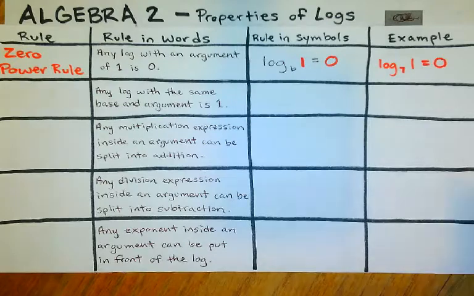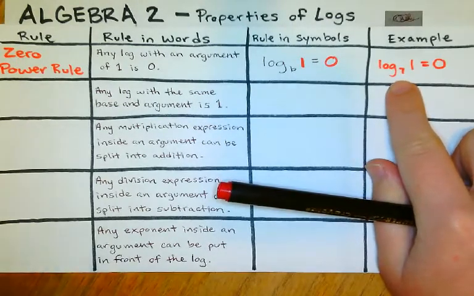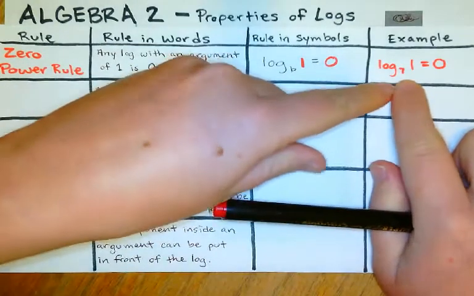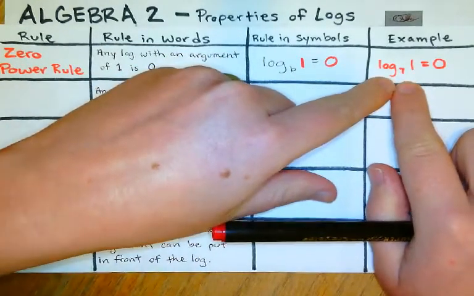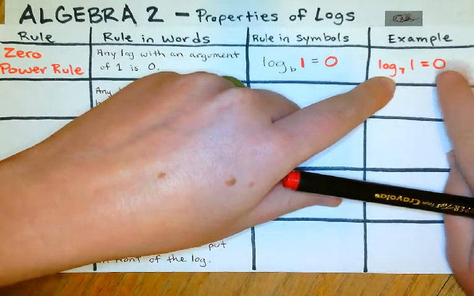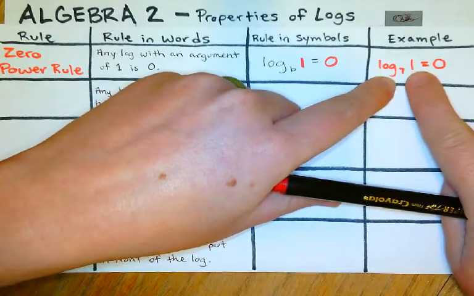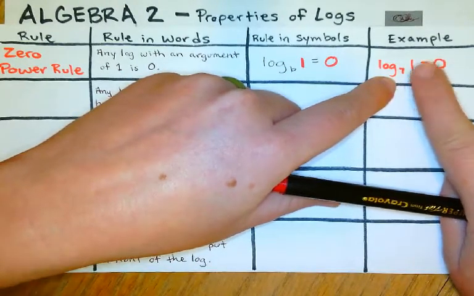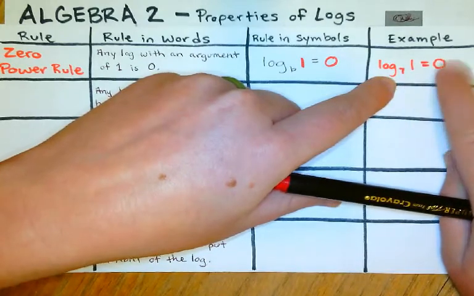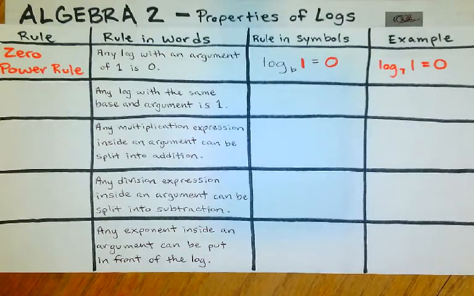If I turned this log into exponent form, 7 is my base, and then right here, this number on the outside is my power. So 7 to the 0 power is equal to 1, my argument. So anytime your argument is 1, that means you have a power of 0, which is why this is called the zero power rule.